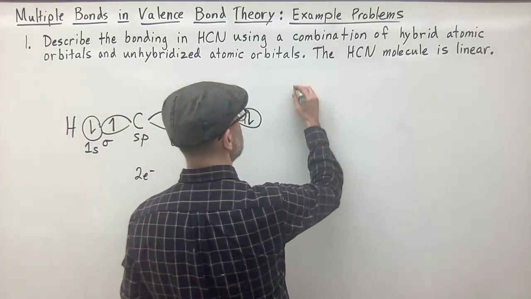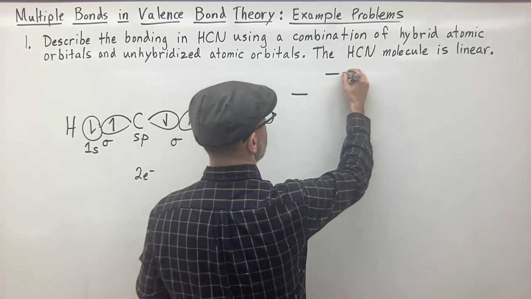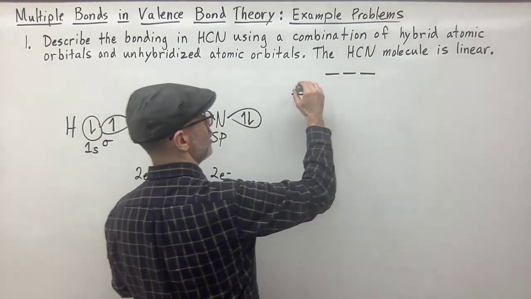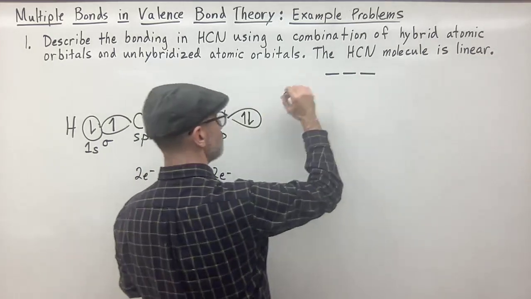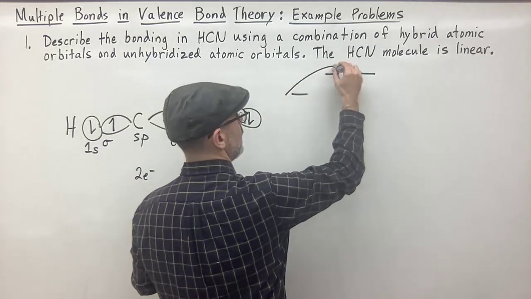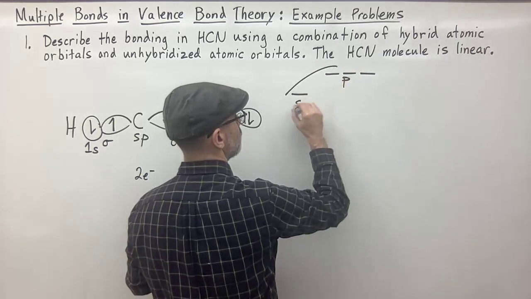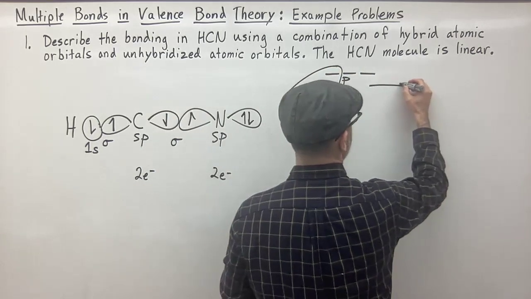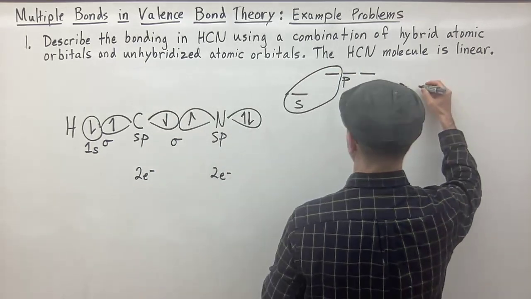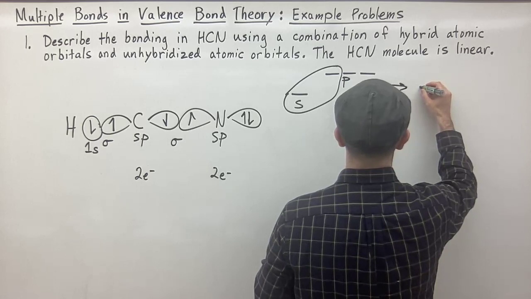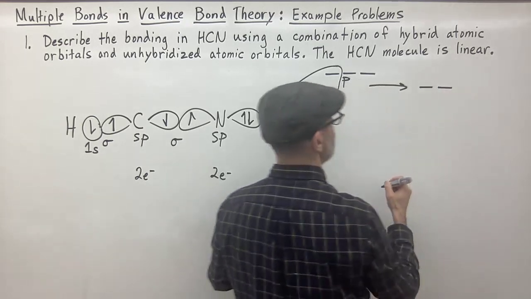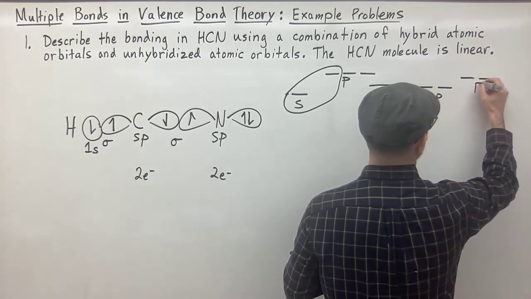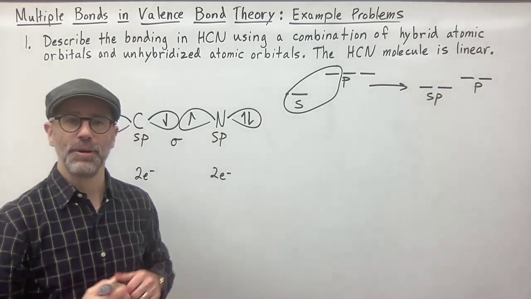So if you remember, we have an s and 3 p's. In sp hybridization, we're taking an s and a p, and we're going to combine those, and we'll get 2 equal-energy sp hybrid orbitals, and then we're left with 2 unhybridized p orbitals.